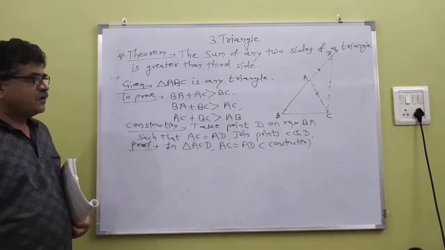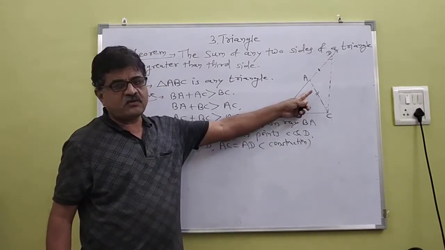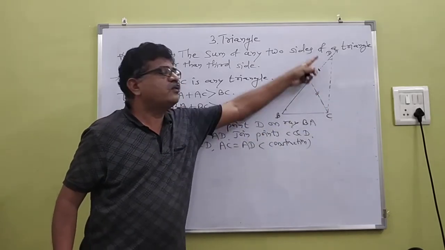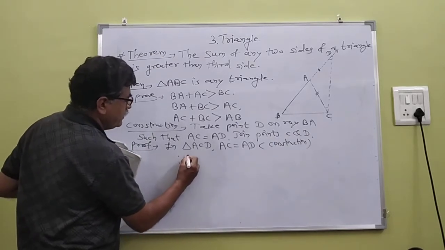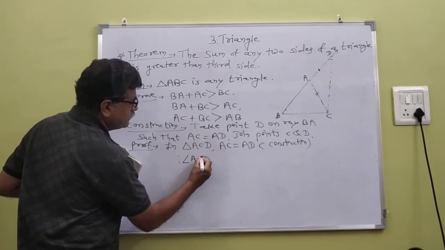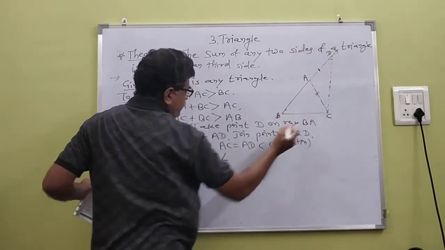Now we know that opposite angles of congruent sides are congruent, therefore angle ACD is congruent to angle ADC. Therefore angle ACD is equal to angle ADC.